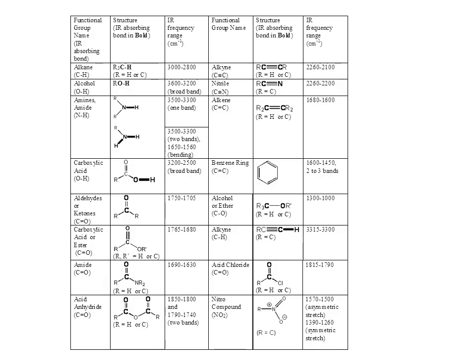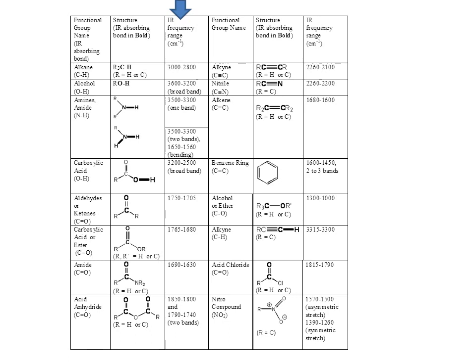Here is the IR correlation chart that you'll see if you click on the link in the YouTube video's description. There are three important columns: the functional group name with the IR absorbing bond in parentheses, the structure with the IR absorbing bond in bold, and the IR frequency range in wave numbers.